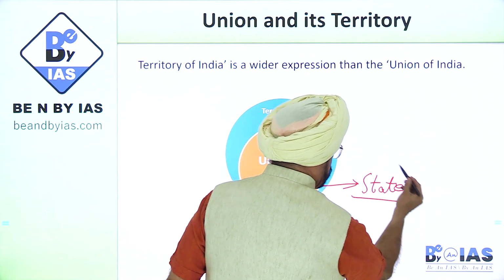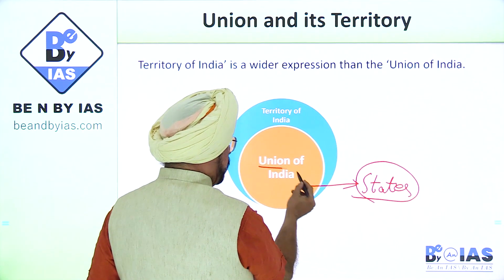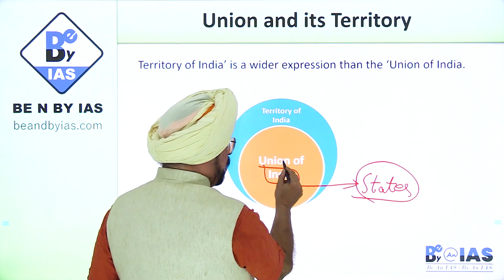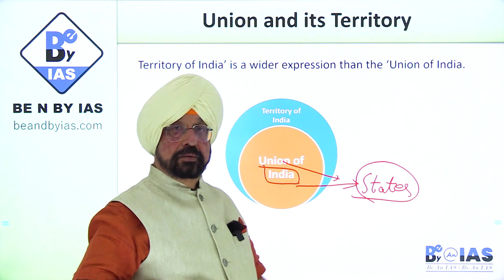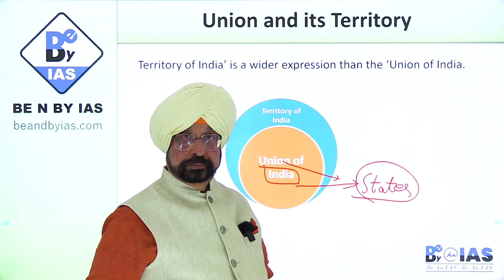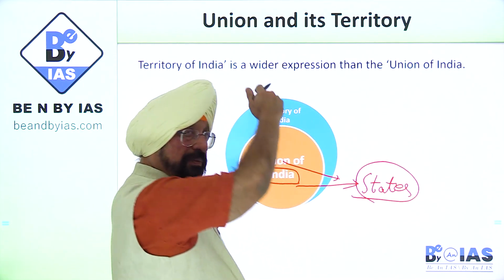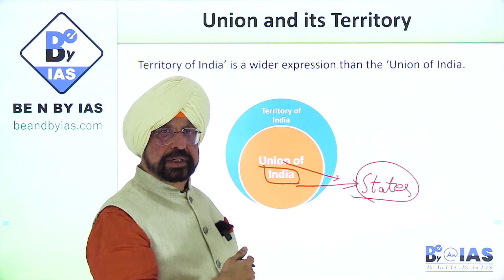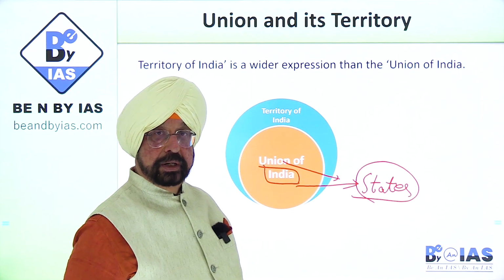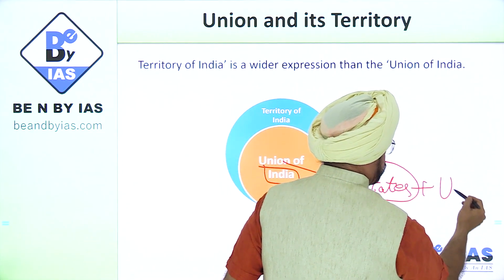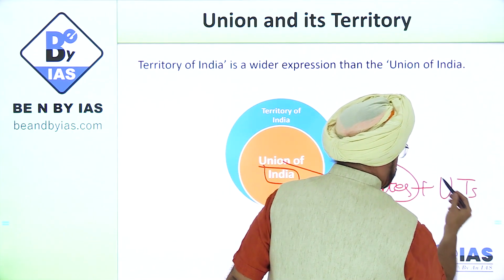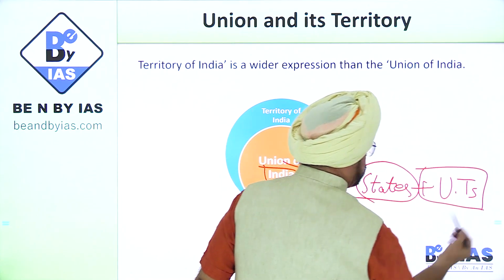States who have joined together to form India. They are the union. Now, territory is a wider concept. How? Because of the third factor which we have seen, which is an open-ended one. The first two, states plus UTs, they form the static part.